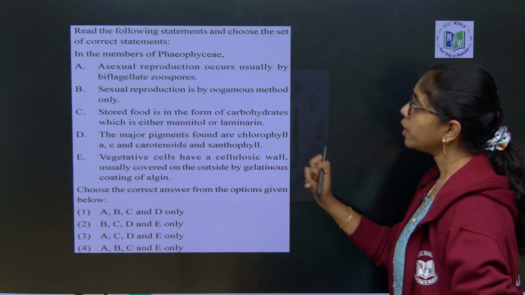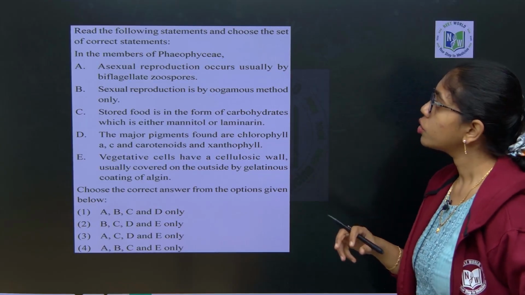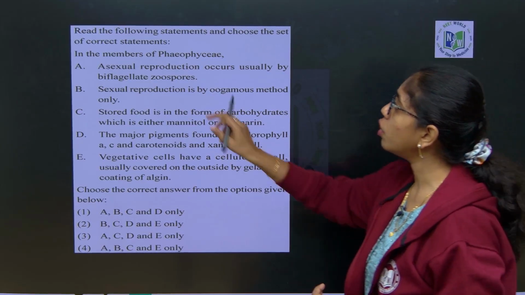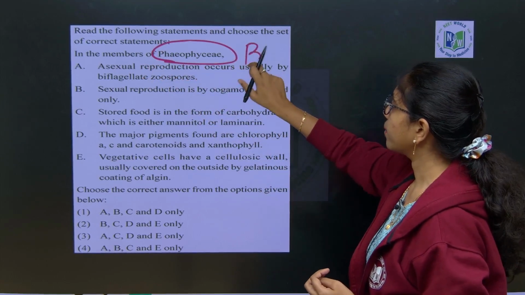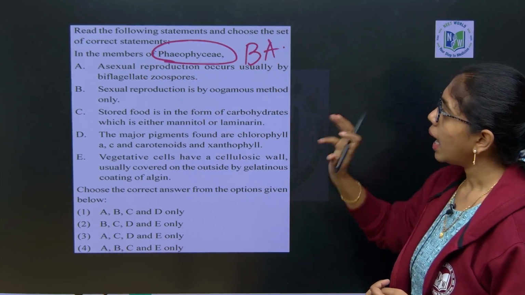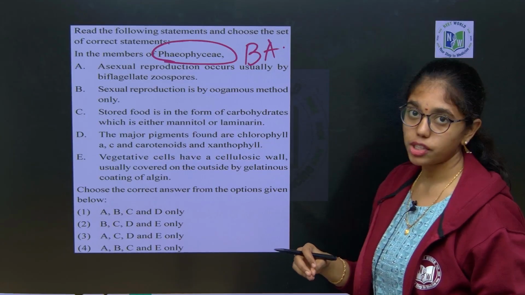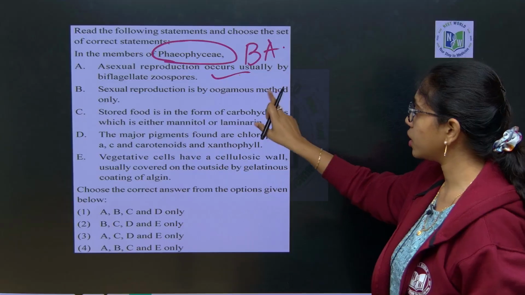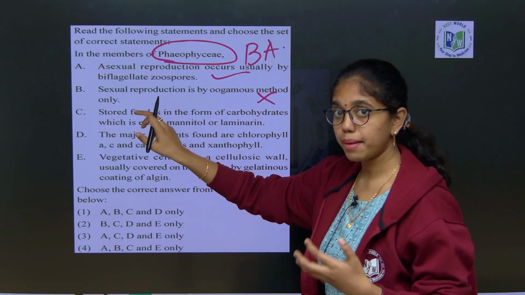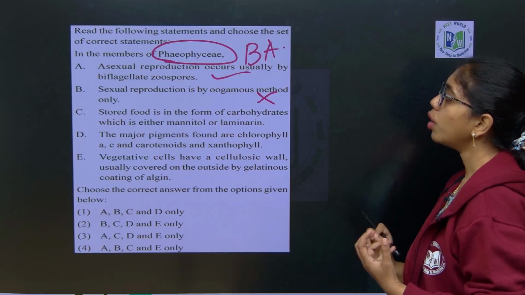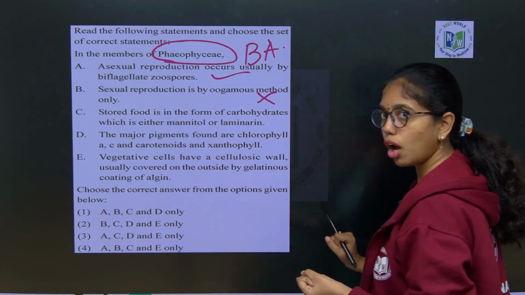Next question, read the following statements and choose the set of correct statements. Okay. In the members of Phaeophyceae, that is brown algae, asexual reproduction occurs usually by biflagellate zoospores. True. Sexual reproduction is oogamous. Wrong, because it can be isogamous, anisogamous and oogamous. Stored food material is in the form of carbohydrate, which is either mannitol or laminarin.